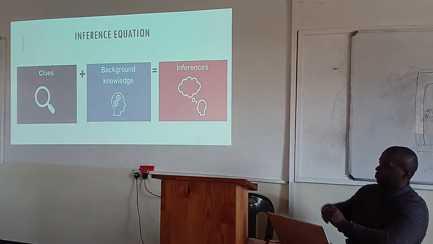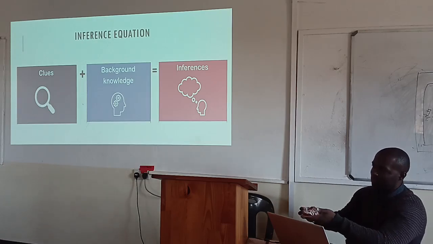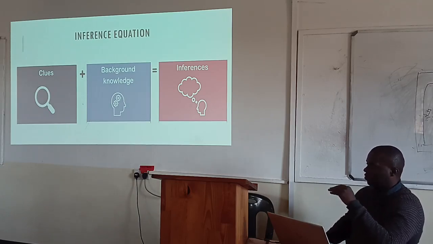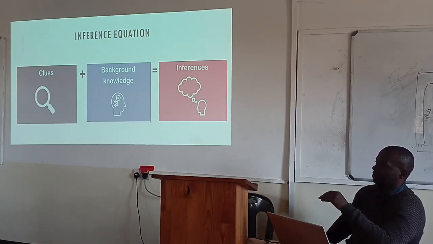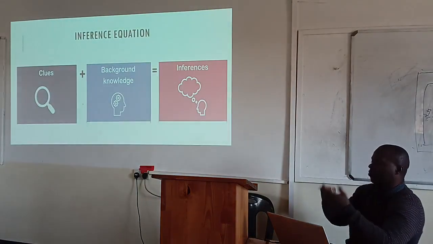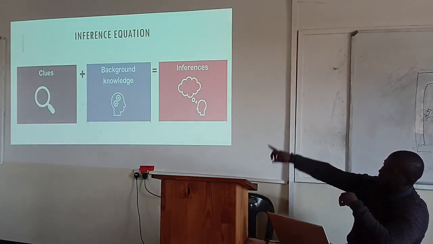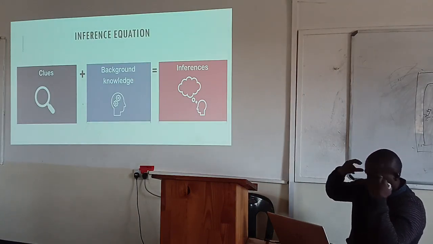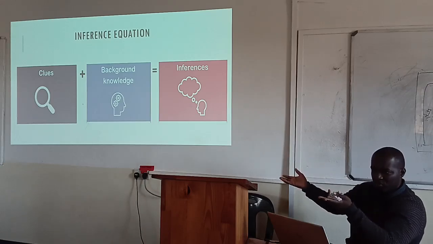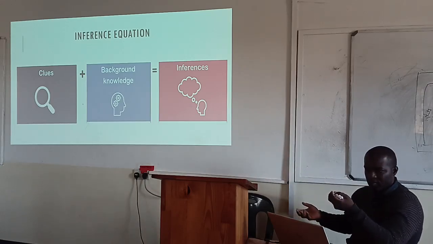You should be able to see some clues in your text, because they might not always tell you exactly what they are talking about, but they might give you some clues. So when you get the clues, you ask yourself what you know about the clue, then you make a conclusion, right?